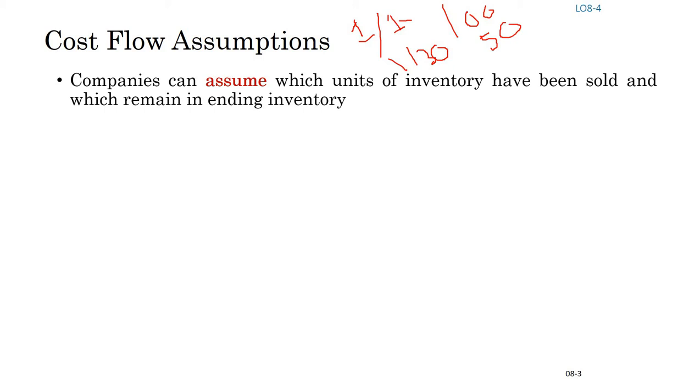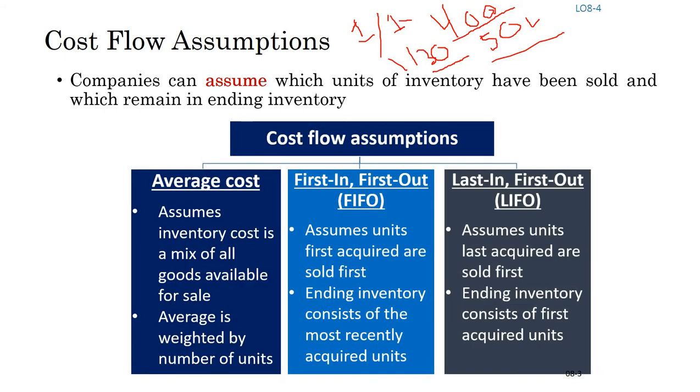When you are selling, you may sell units from the 100 or from the 50. So every time the cost of goods sold will be different, because the cost of the items purchased on January 1st was different from the cost of the items purchased on January 30th. So there are three different cost flow assumptions.